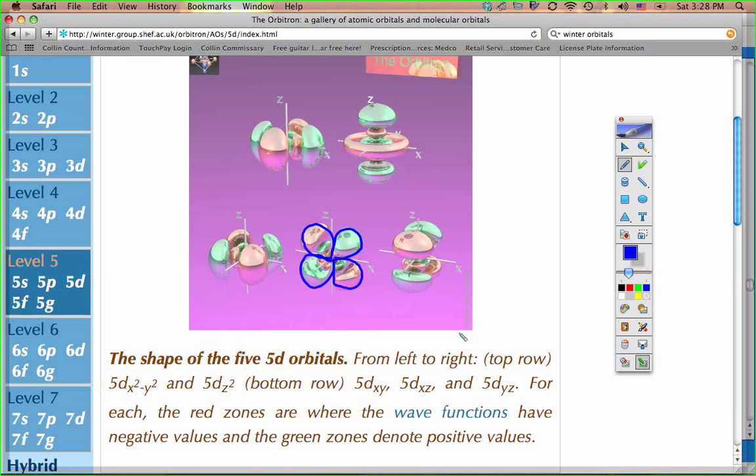Again, don't worry about the fact there are 5 of them. We'll come back to that. A clover leaf shape. So we've got 4 clover leaves, except for this weird one, but it's just unique. So this was the 5D that I selected. So that 5 in front tells me that n is equal to 5, and the fact that it's a D, that letter gives me my L value, and D means L is equal to 2.